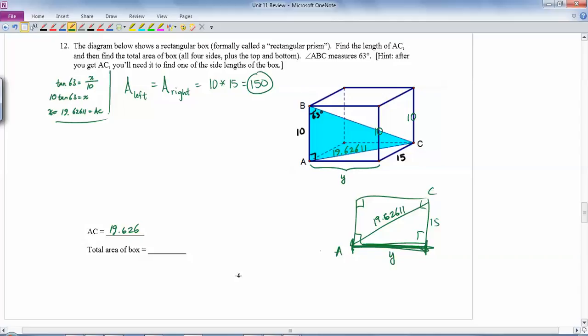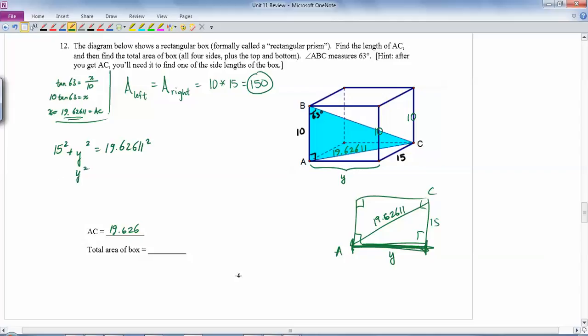So let's figure out what y is by using the base, and we can do Pythag. So 15 squared plus y squared is going to be 19.62611 squared. And you should still have this stored from before.